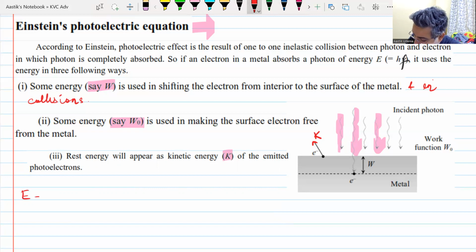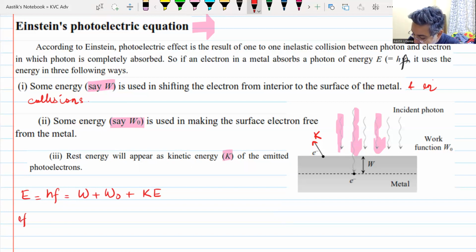E, which is equal to hf, will be equal to what? W plus W naught plus the kinetic energy of the electrons which are emitted. Do we understand this? Yes, sir.